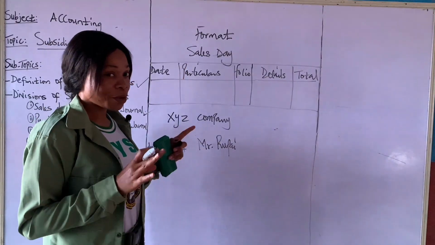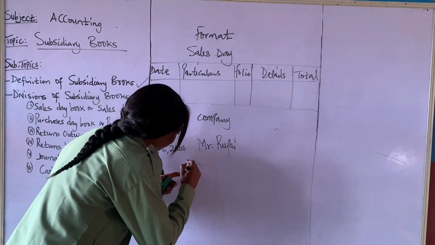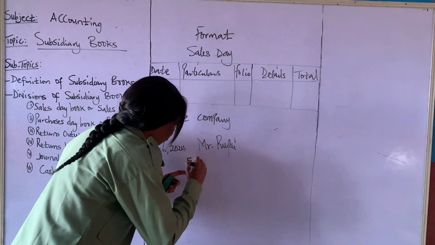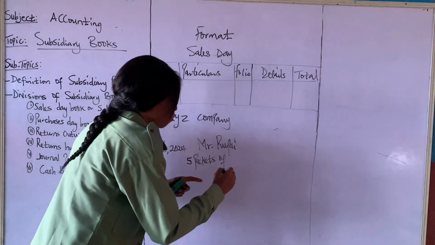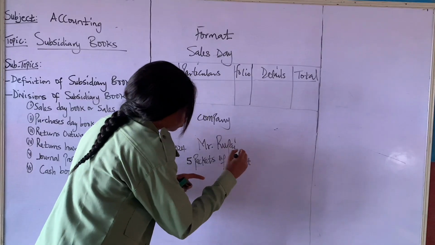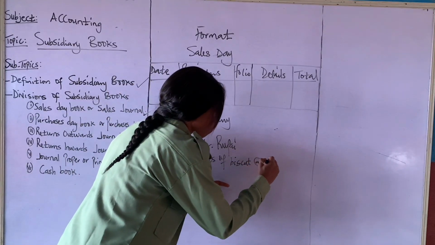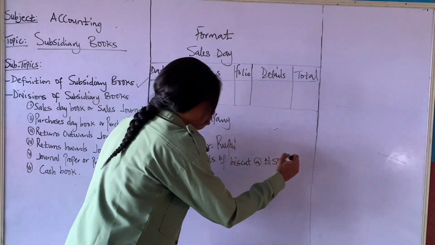Remember, this is a credit transaction. Let's say he bought 5 packets of biscuits at the rate of 500 naira each.